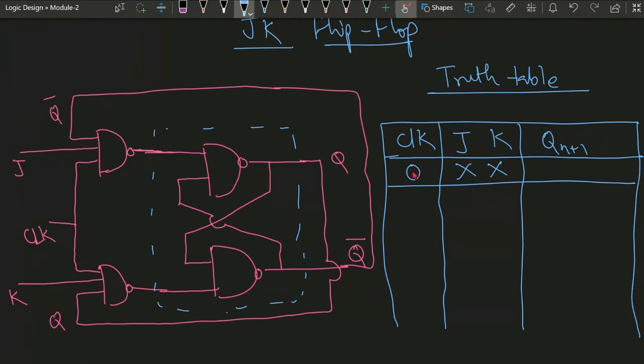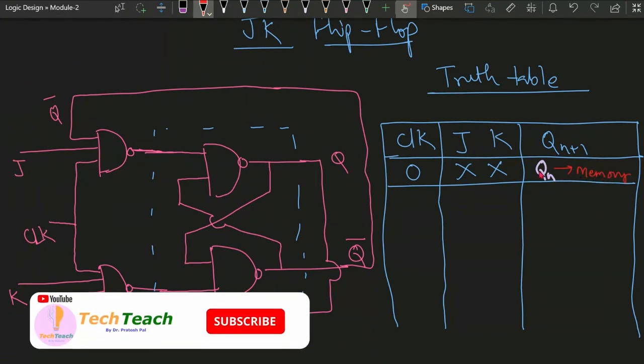If the clock is 0, the flip flop is not activated, meaning whatever state is available in Q and Q bar will remain the same. So the output when the clock is 0 is Qn. This Qn indicates the memory state, storing the previous value.